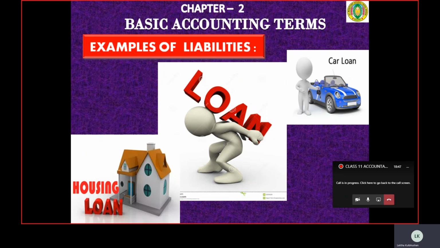These are some general examples of liabilities. When we deal with the classification of liabilities, you can find even more examples according to the nature of classification. If you're taking a car loan, a house loan, or any loan to purchase anything, all are called liabilities for the firm.